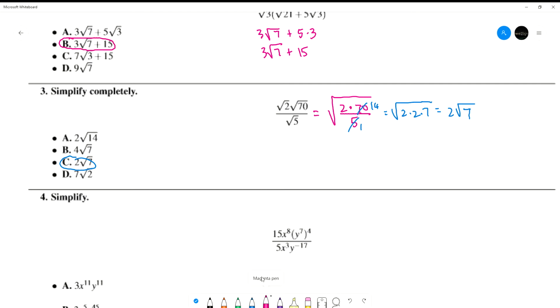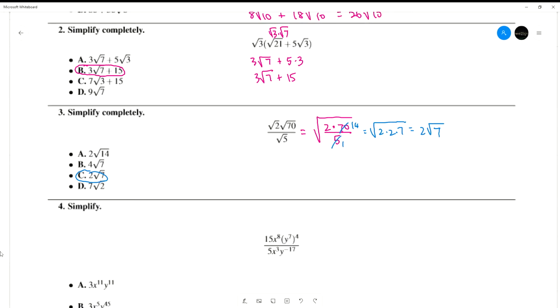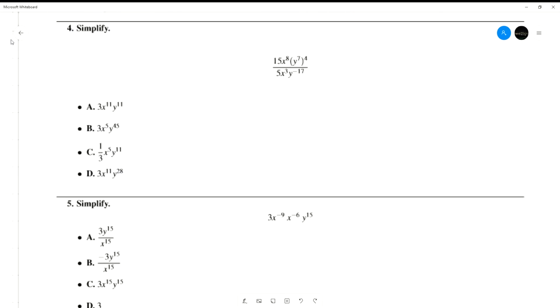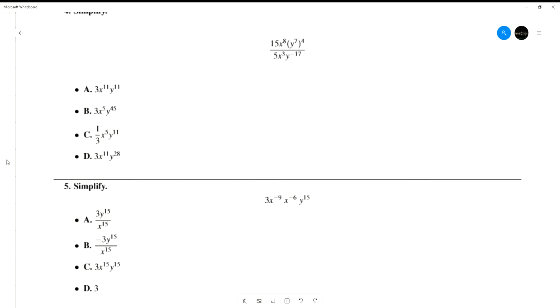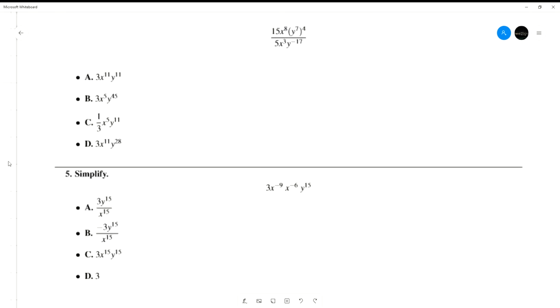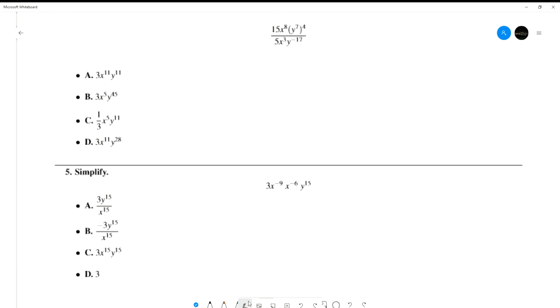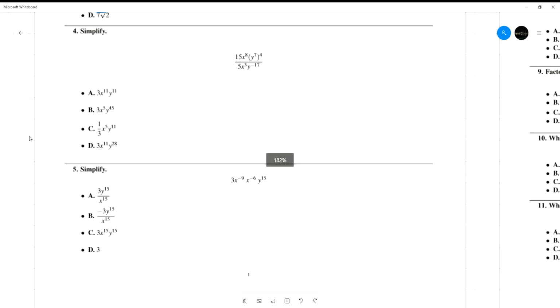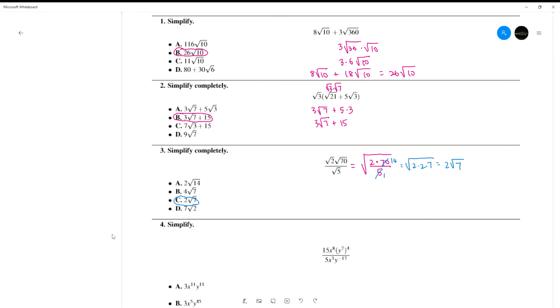All right, number 4. This one you can't do on the calculator. Actually, let me circle the ones that you can do on the calculator. That way, you should recognize it when you see it on the exam.